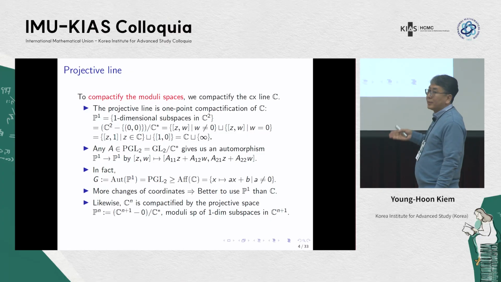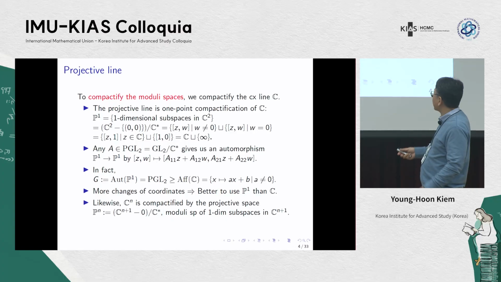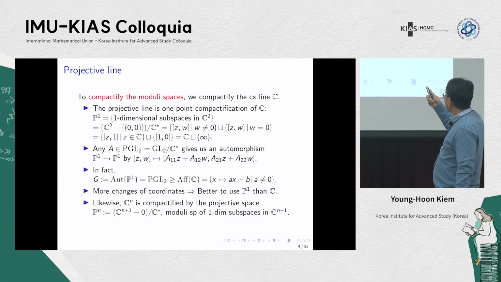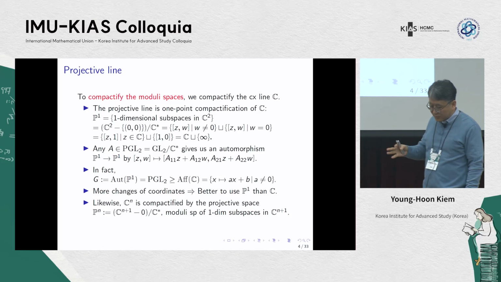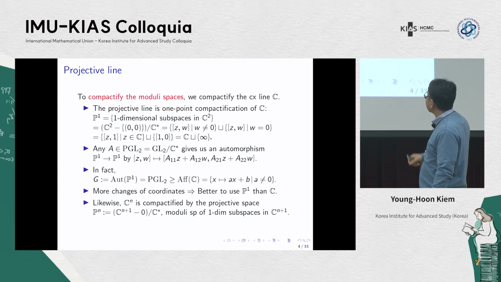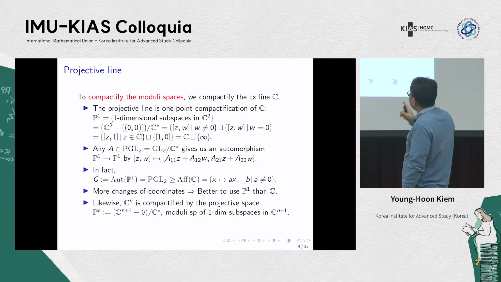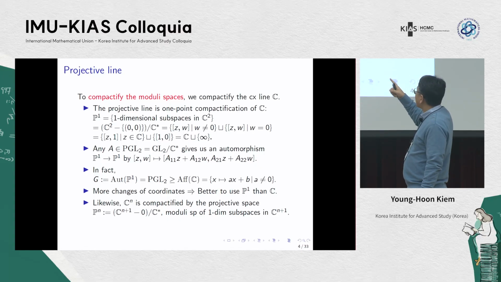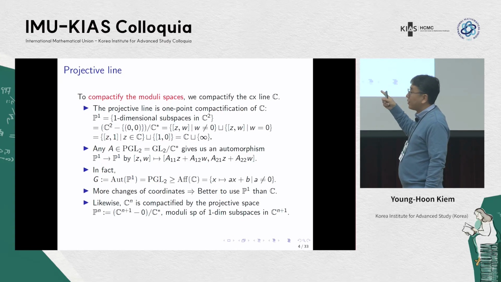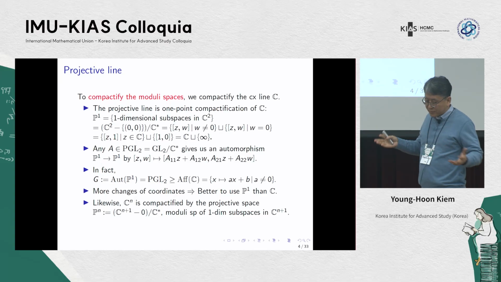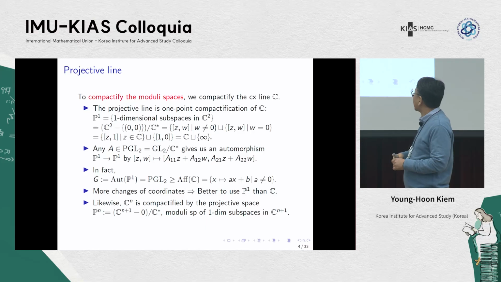So this P^1 can be divided into two disjoint subsets. The first set is the open set where W is non-zero. The second set is the closed set where W is equal to 0. In the first set, I can multiply by W inverse to both coordinates, so the second coordinate becomes 1, and the first coordinate can be any complex number. So the first set can be identified with the complex line.